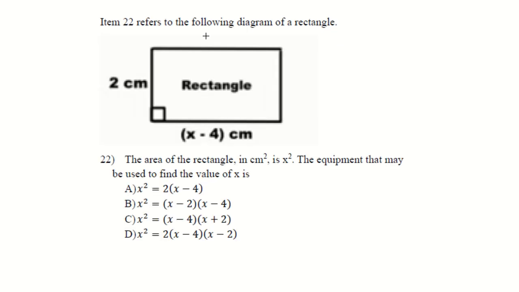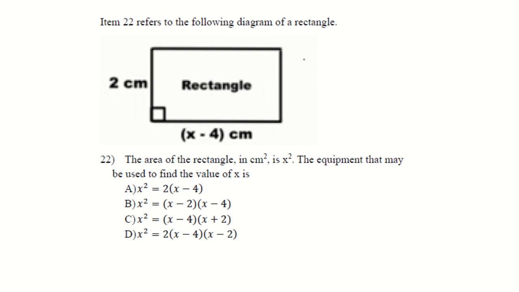Item 22 refers to the following diagram of a rectangle. The area of the rectangle, in centimeters squared, is x squared. So when you multiply these two, you're getting x squared. The equation that may be used to find the value of x is, so first off, we know that the area of this rectangle would be length times breadth.